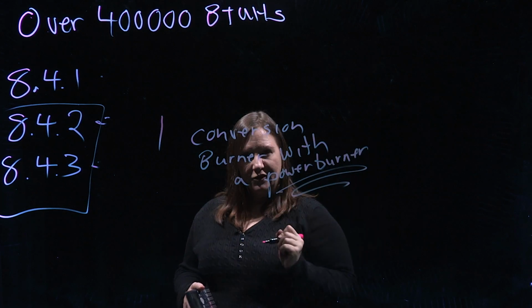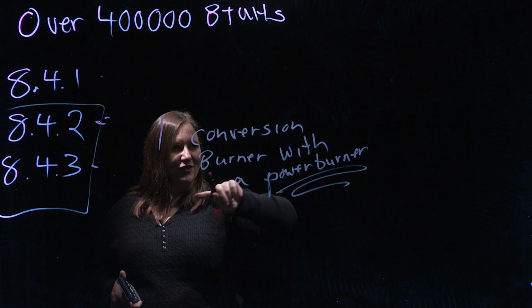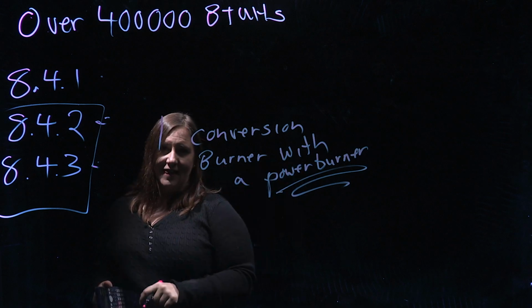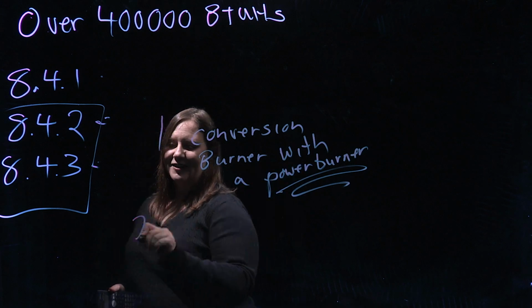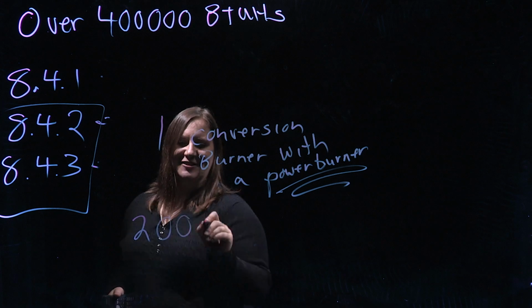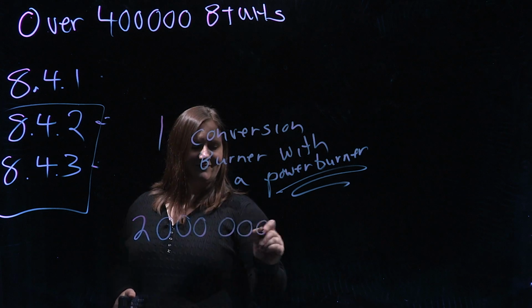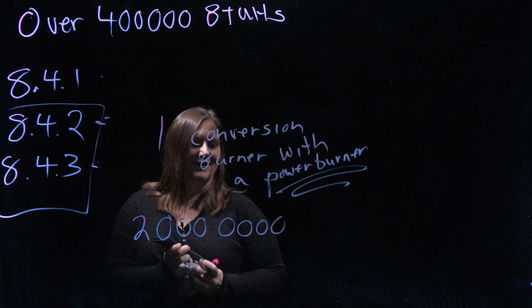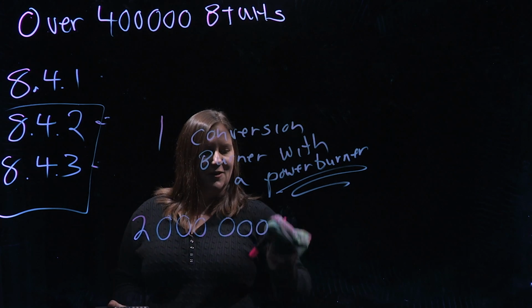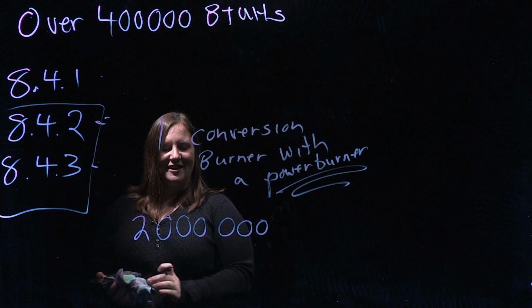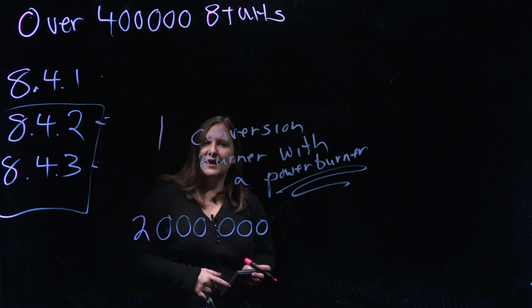Really important information here. So you've got one conversion burner with a power burner, and let's say that that input is going to be 2 million BTUs. So I've got 2 million BTUs of input, but it has a power burner.